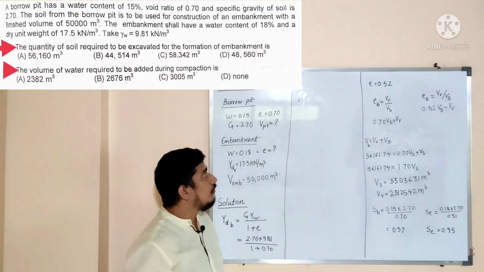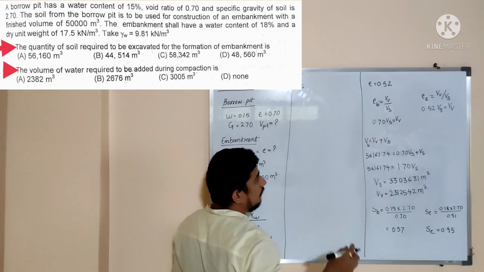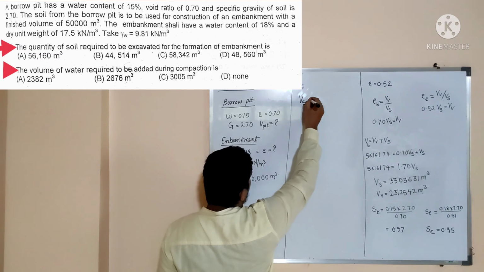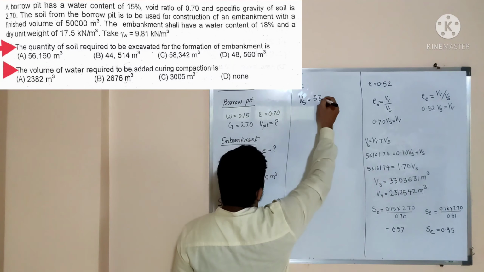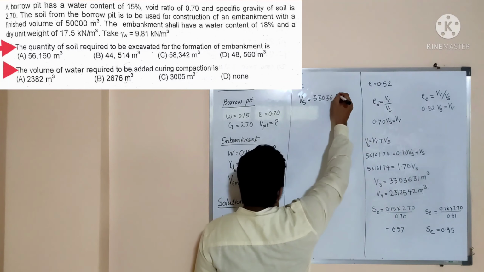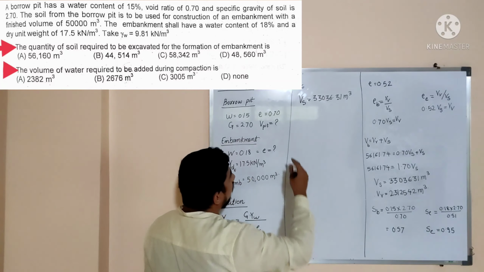Now in the case of VE, that is the volume of the embankment, the volume of solids is going to remain the same, it's not going to change. That is 33,036.31 meter cube. The remaining will be the volume of voids.